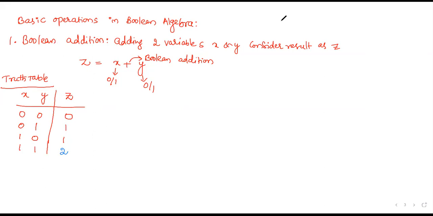So in Boolean addition, this value is not 2, it is equal to 1 only. For this last case, 1 plus 1, Boolean addition and normal addition differ. Another name for Boolean addition is the logical OR operation.